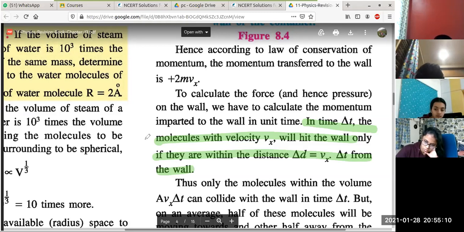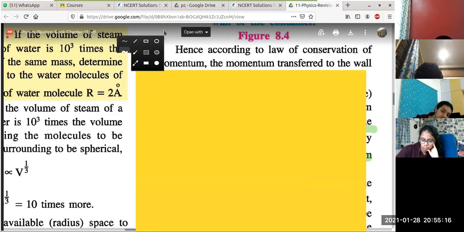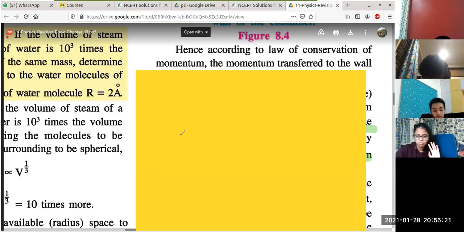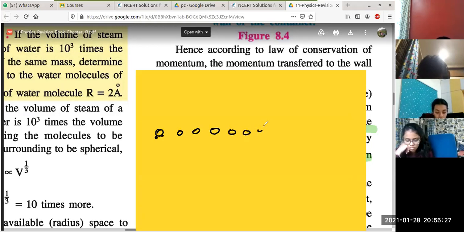Listen. So what I'm trying to say here is that suppose there are small ants, ant 1, ant 2, ant 3, ant 4, and they are going at 5 meter per second and hitting a wall.